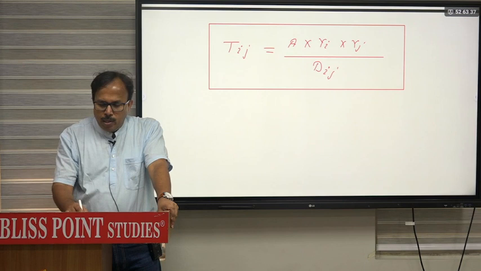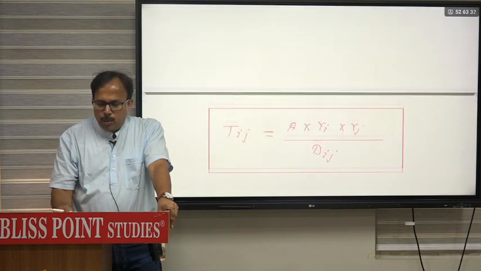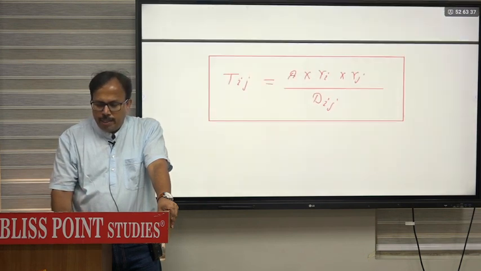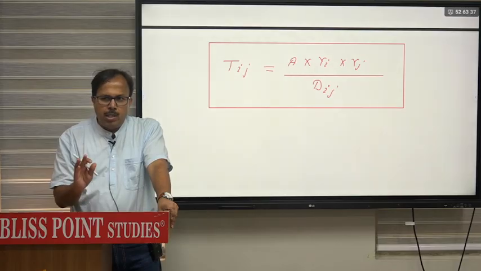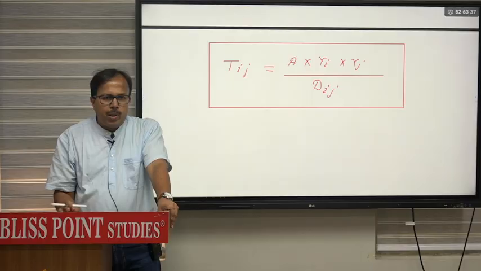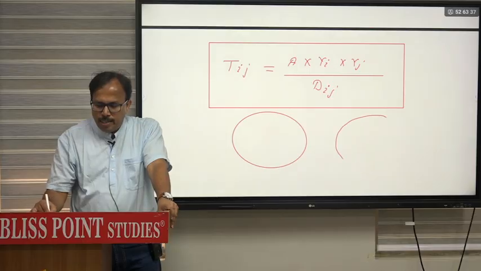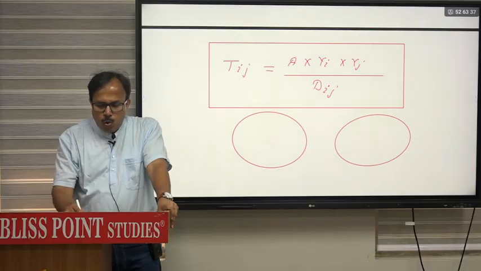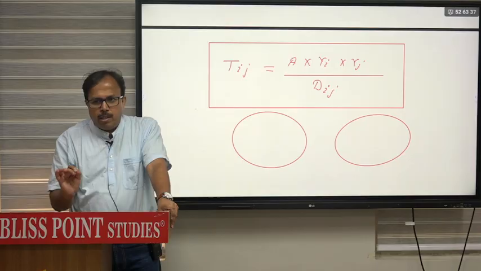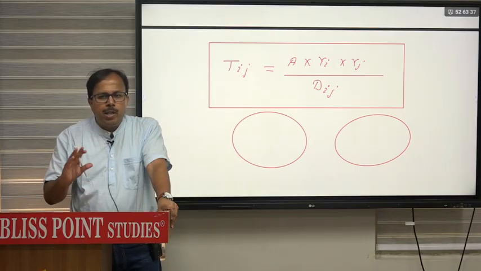Now if I ask what is the main drawback of this model: the gravity model says that trade volume between two countries depends upon the size of GDP and diminishes with distance. But what does it fail to explain? If one country's GDP is higher and the other country's GDP is higher, there will be more trade, but which type of product will be exported?